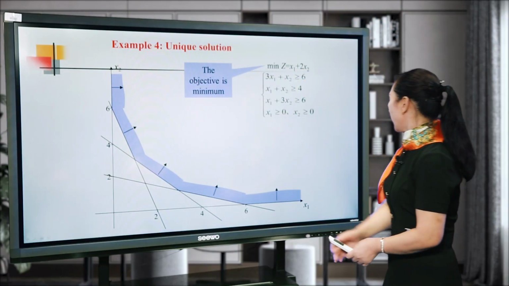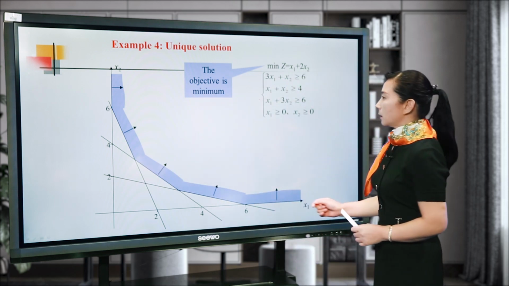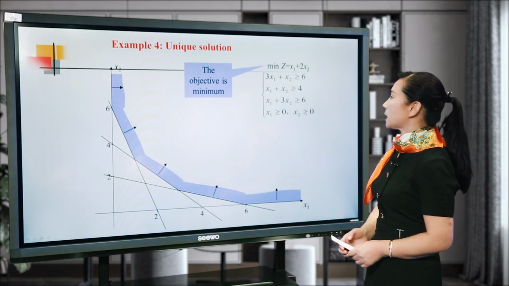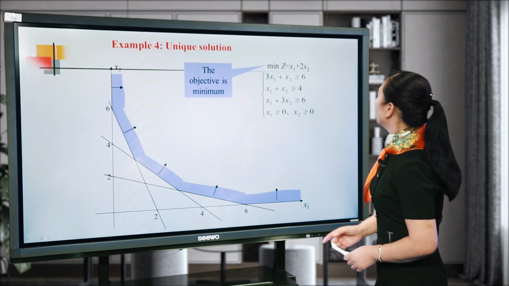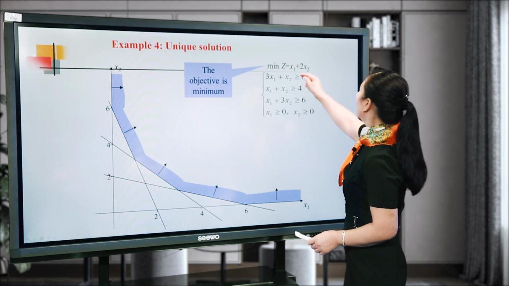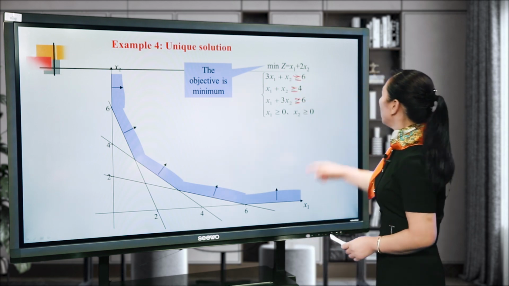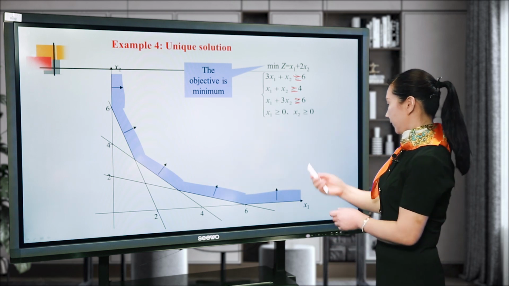We first draw the x1, x2 axes and construct the coordinate system. And then we draw each constraint line. We set each constraint equal and draw each line.